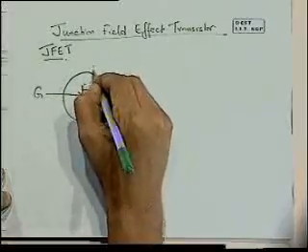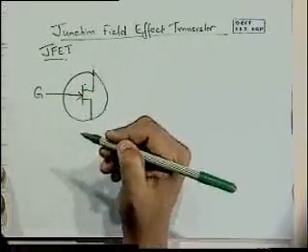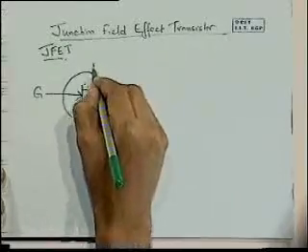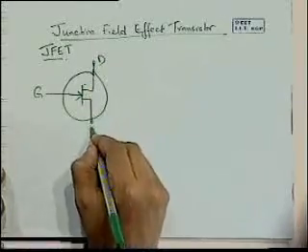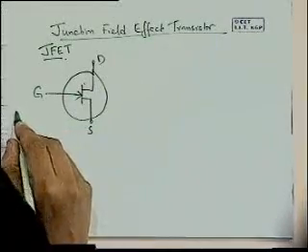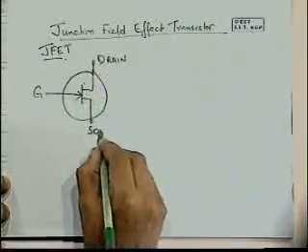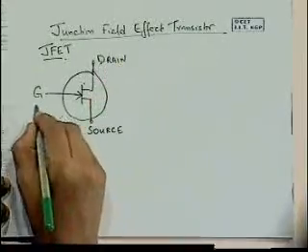We now have, instead of emitter and collector, source and drain. And instead of base, we have gate. Okay? So D refers to drain, S is source, and G is gate.